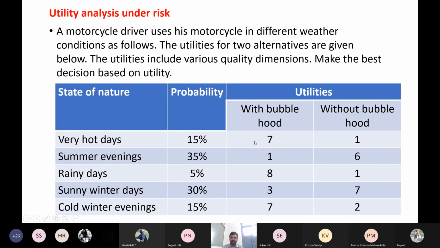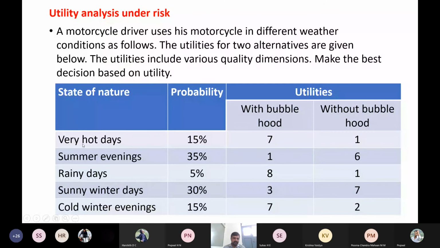Bubble wood is nothing but a protective layer that will protect from adverse climatic conditions. Now consider in which conditions the user will ride this bike, so the bike will be subjected to what kind of climatic conditions. Based on the study, they have the data.